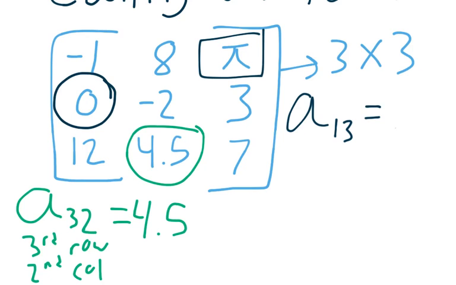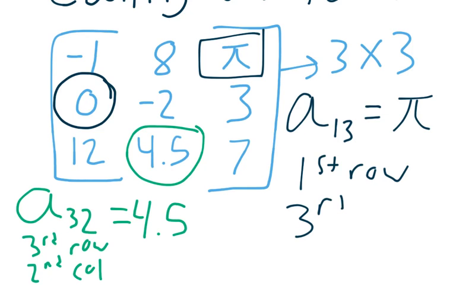That is the first row and the third column. So that first number corresponds to the row, and that second number corresponds to the column. So you'll be asked to find certain numbers of certain matrices. This is how you do it. We'll do more in class if you're not quite getting all of it.